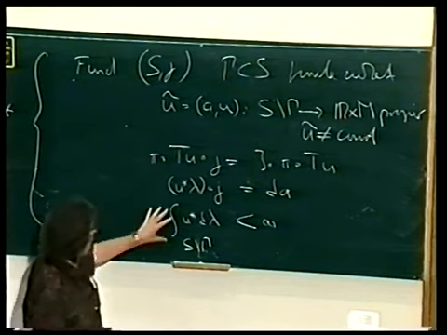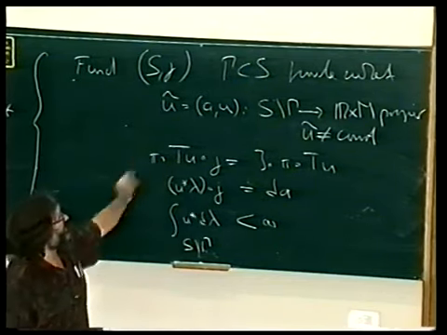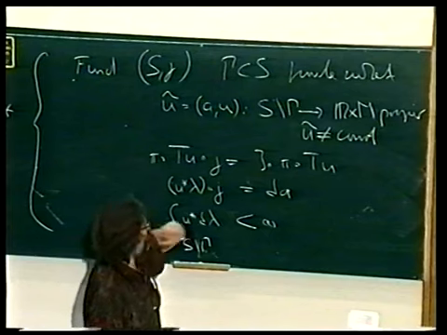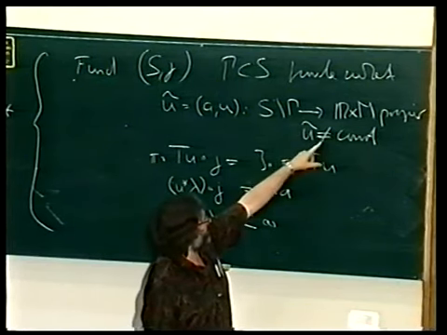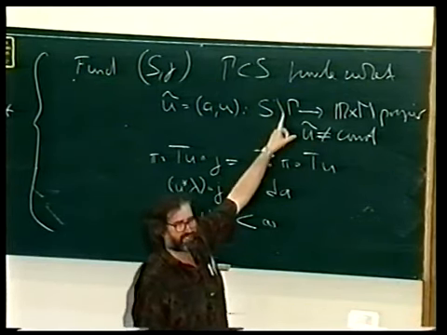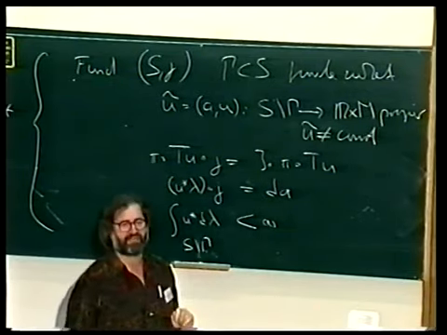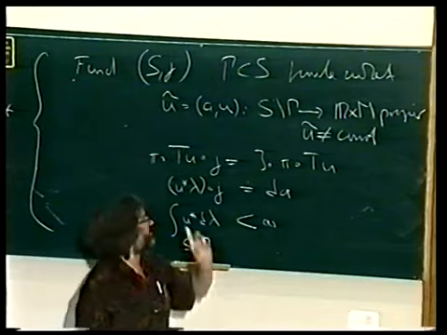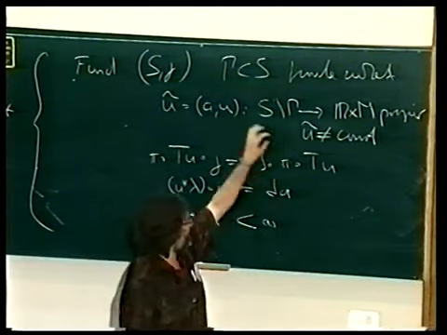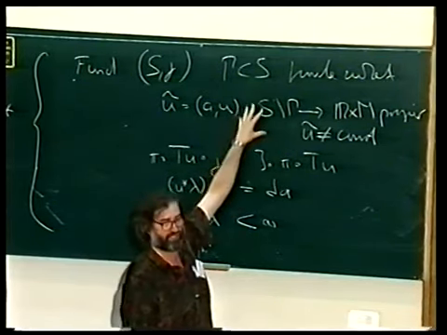So this is a finite energy condition. Then observe the following. If you don't have any punctures, by Stokes' theorem, using the equation, you verify immediately that any solution is constant. If you don't have any puncture, any solution is constant. So having a non-constant solution, you must have a puncture.